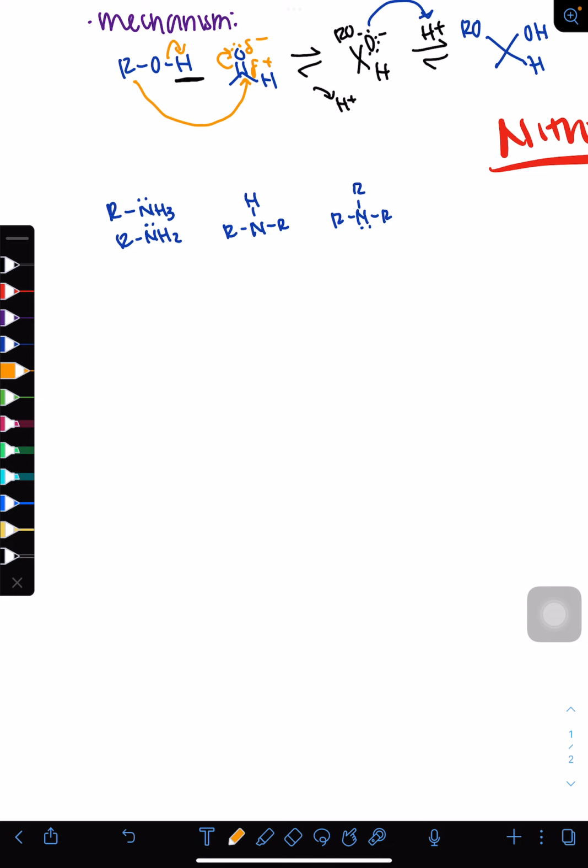So in general, we could say this one is primary, this one's secondary, this one's tertiary. Once again, these are all amines.